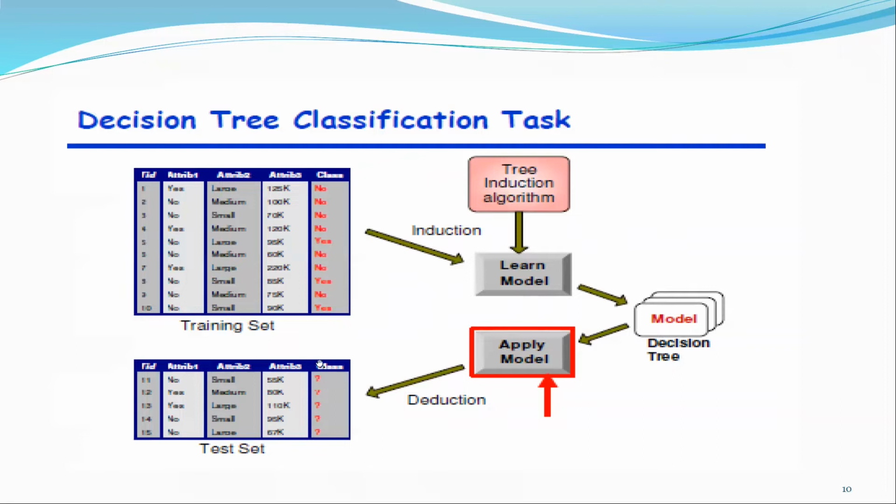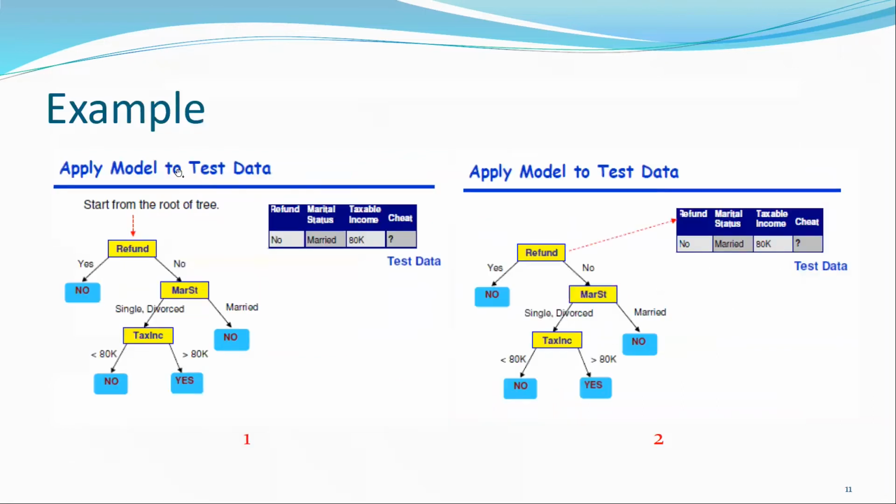We will understand this better with our example as well. In the example given here, we have the training data set and the corresponding decision tree. Consider the test data. We will start from the root node.